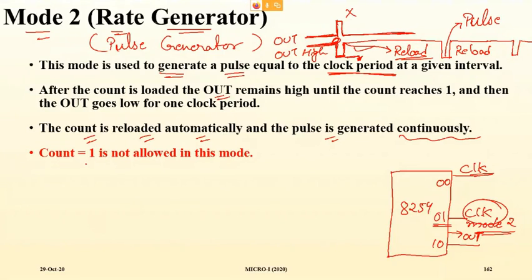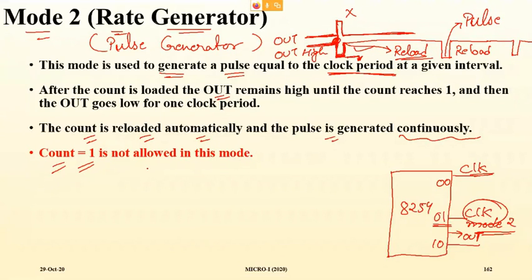Remember, in this mode, the only thing that you have to remember is count 1 is not allowed, because at the terminal count, that means when the count reaches 1, it goes low, and for that time period it remains low, okay. So therefore you cannot load count 1 in mode 2.